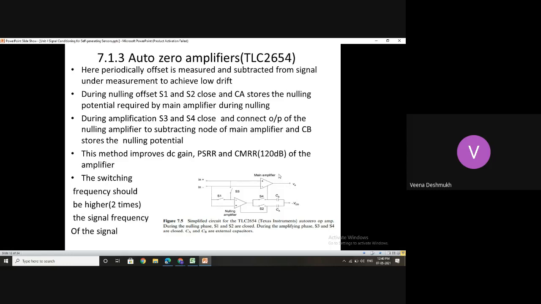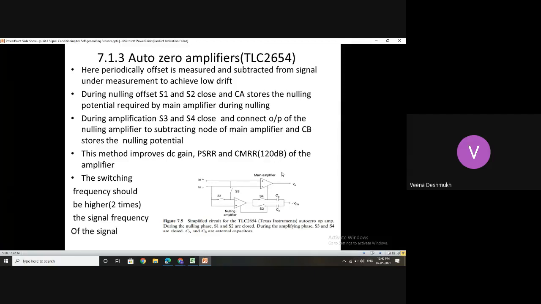So your difference gain AD without the offset, because already the offset is going to be subtracted from the output, the offset effect will not be there on the output.